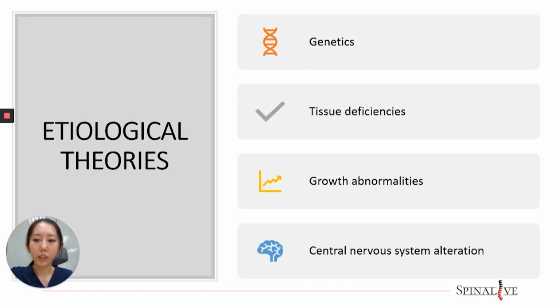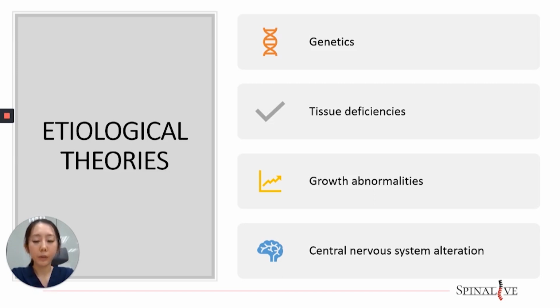Okay, so etiological theories. What are the few categories behind it? Genetics. Genetics means it tends to run in the family most of the time. So if your auntie has it or your mom has it, there is a higher tendency for the children to inherit this scoliosis issue.